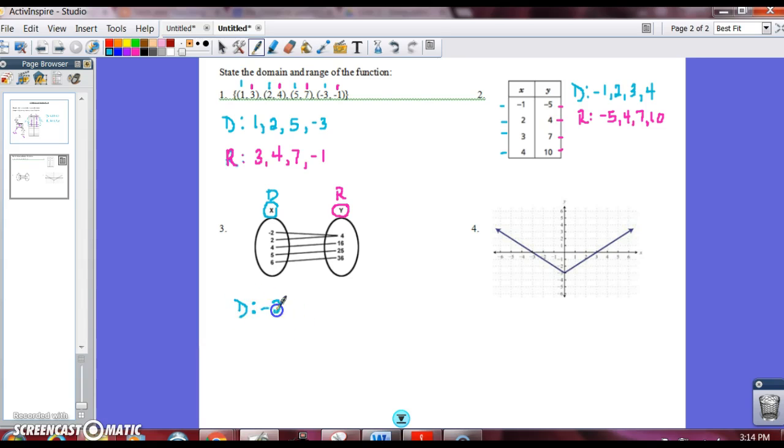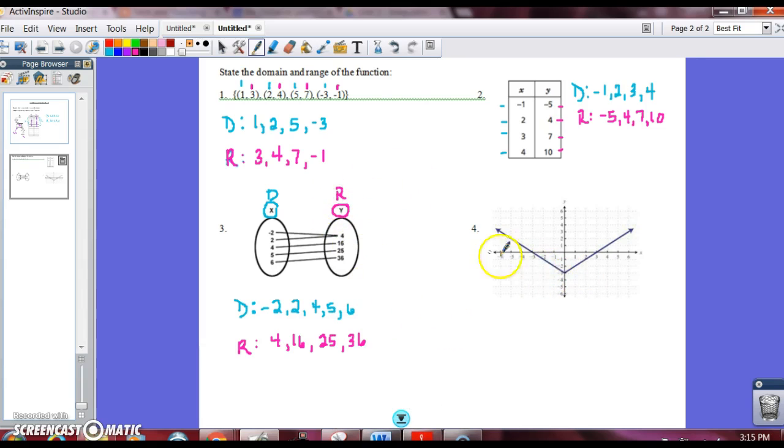So I have -2, 2, 4, 5, and 6. And for my range, I have 4, 16, 25, and 36. Those examples are pretty straightforward.